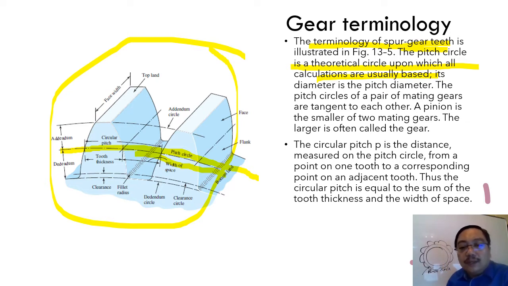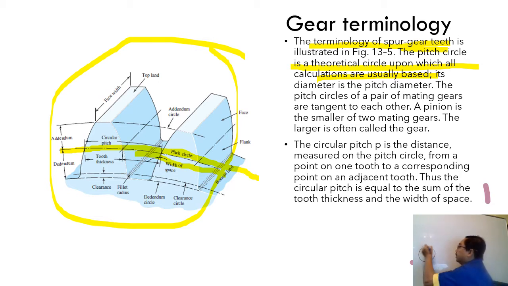So what is a pinion and what is a gear? It is the same thing. Let me draw. It's just a term, but actually both are gears.